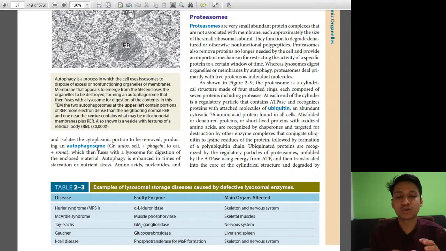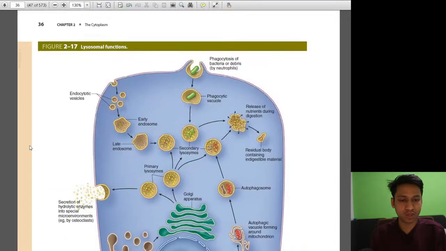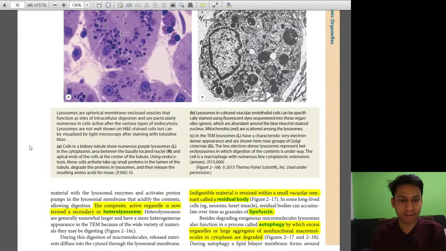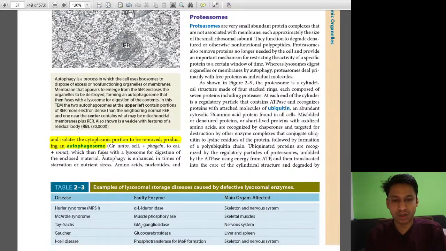So an autophagosome is basically a portion that is going to be removed by the process of autophagy, enclosed by a lipid bilayer membrane, which then fuses with the lysosome for digestion of the enclosed material.